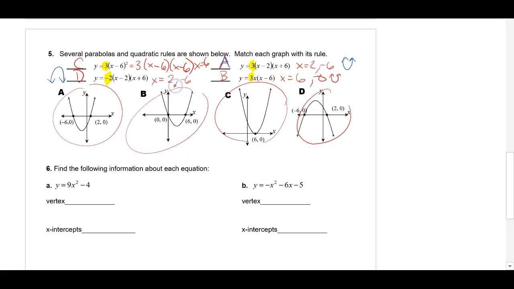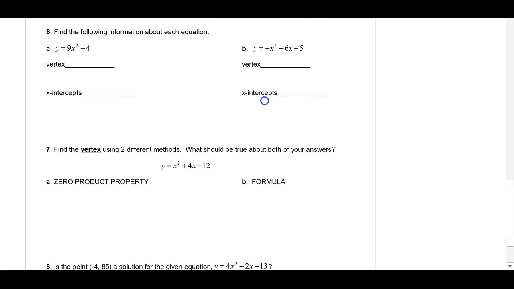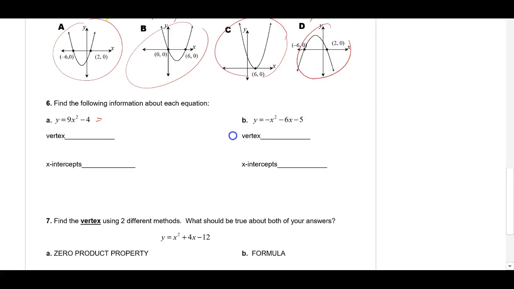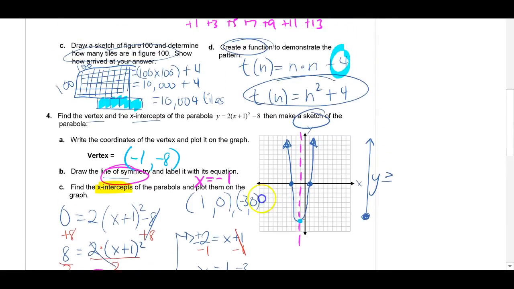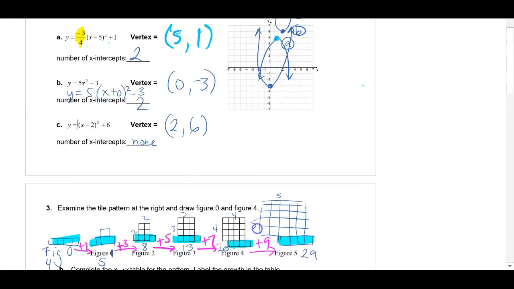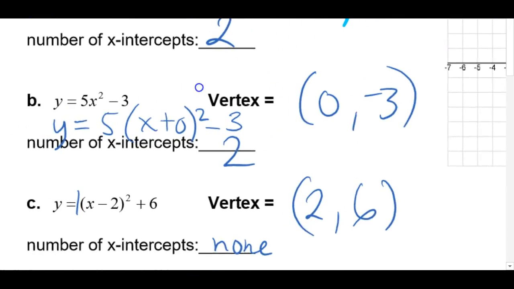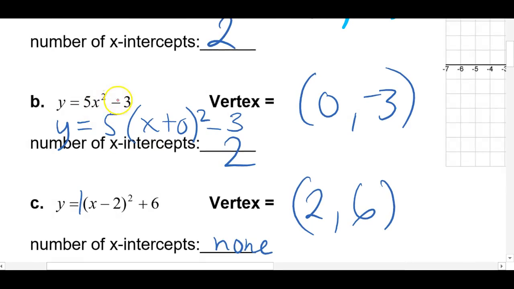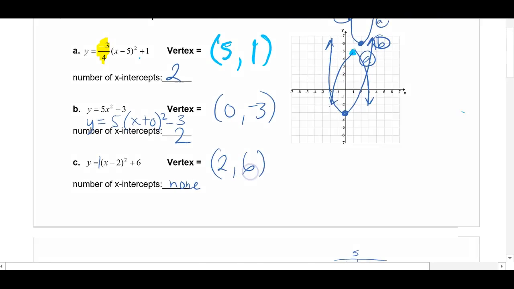Okay? Okay, so now number 6. Find the following information about each equation. Okay, well, we want to know the vertex, so let's put this into something that looks more like vertex form. So just like, let me go back here to this one on the first page, letter B. This didn't look like it was in vertex form, so I changed that x to x plus 0, so I'm going to do the same thing with this one we're looking at on that third page.